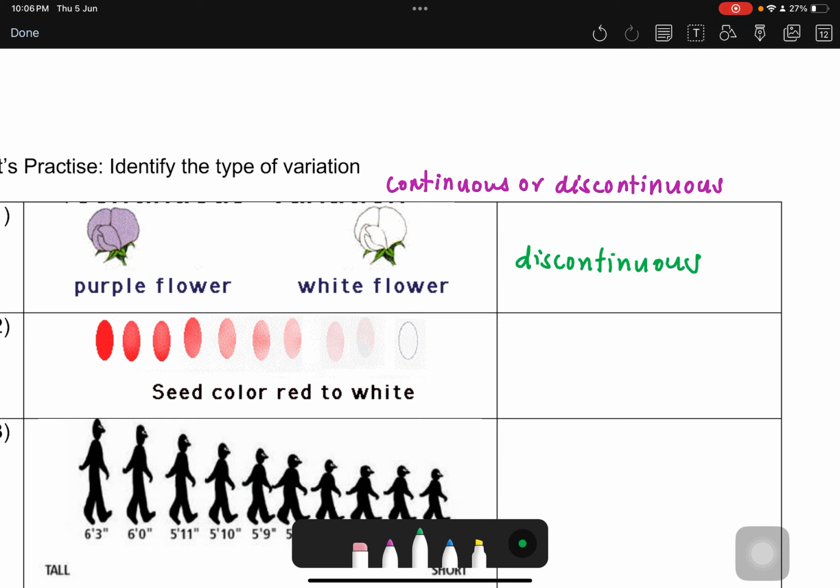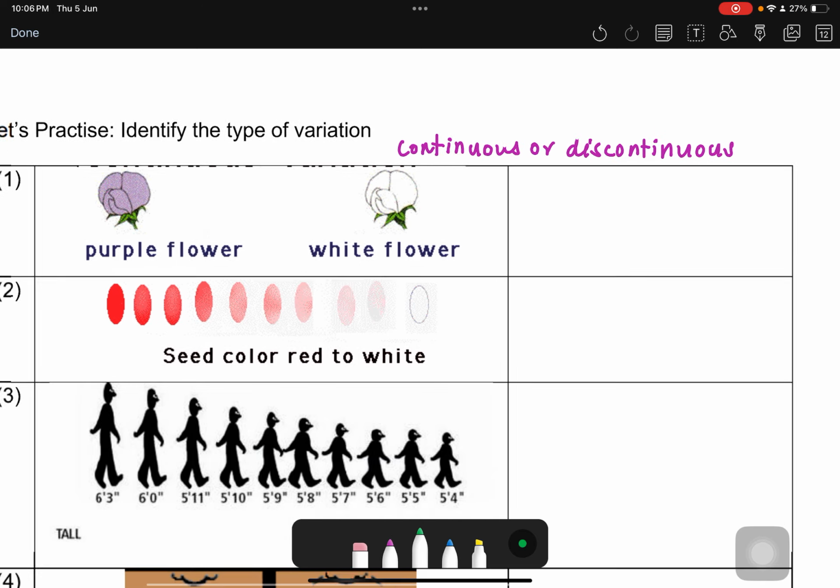Moving on, second example, you can see that the color of the seed varies from red to white, but there are so many different shades, which are intermediates between red and white. So this is an example of continuous variation.